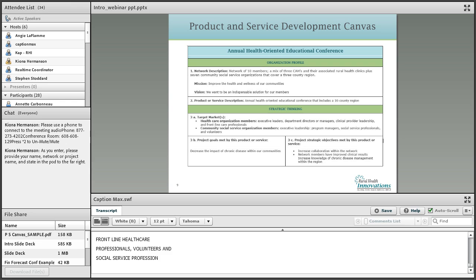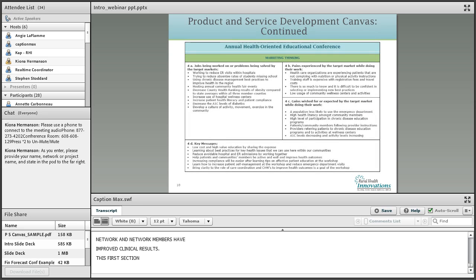We also like to double check that our service that we are working on indeed is aligned with the goals of our organization. Our educational conference meets the project goal of decreasing the impact of chronic disease with our communities and is aligned with our objectives of increasing collaboration with the network, and network members have improved clinical results.